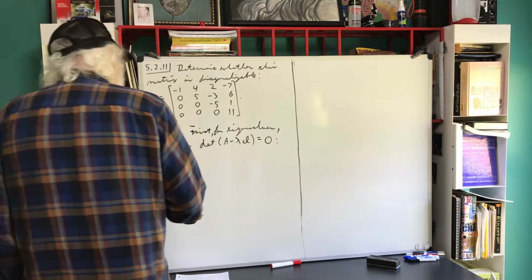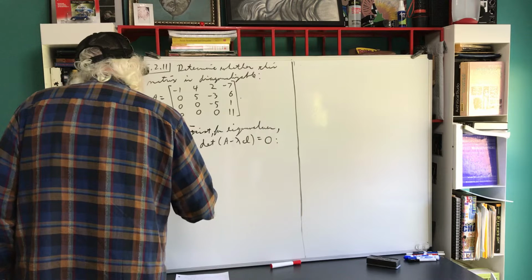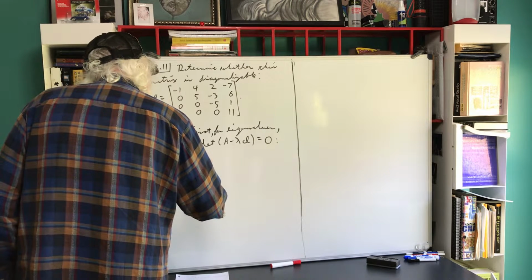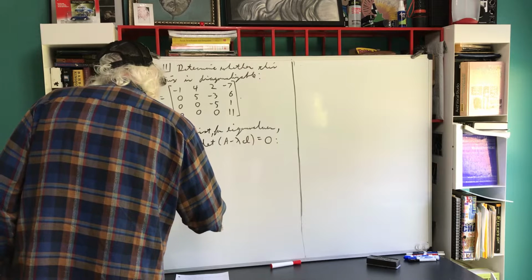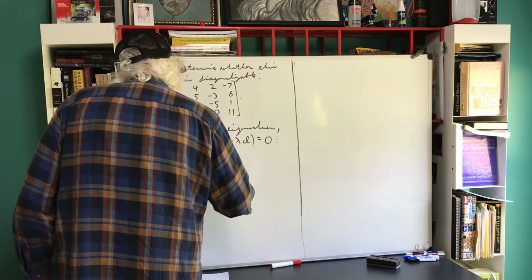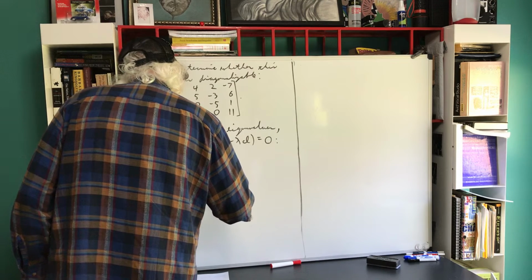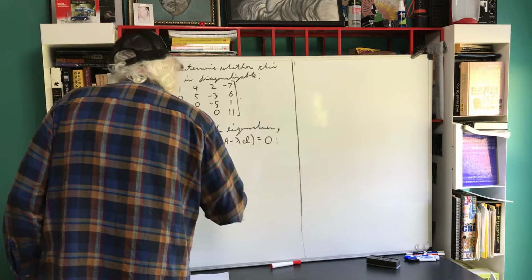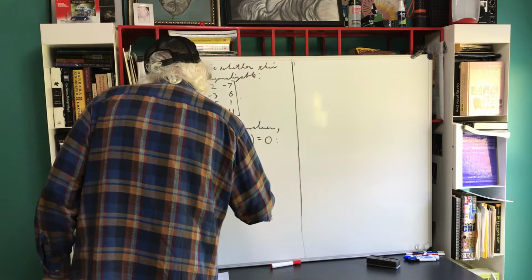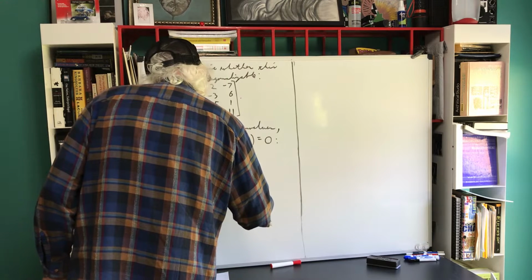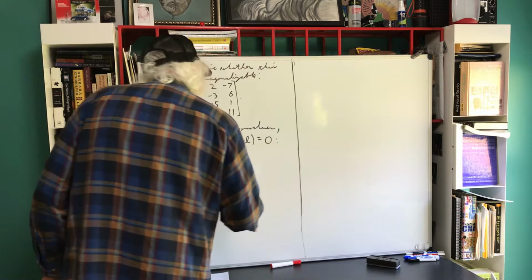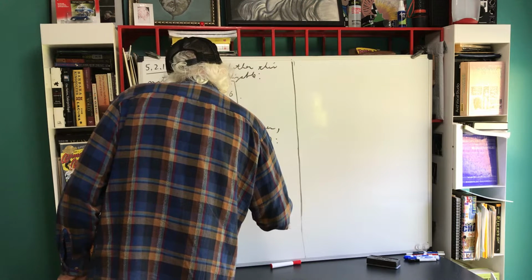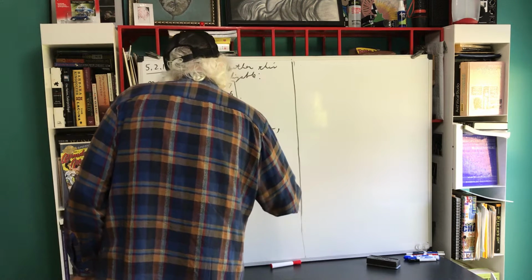But for us, that would give us, we want 0 to equal the determinant of A minus lambda I. That'd be -1 minus lambda, 0's underneath. 4, 5 minus lambda, 0's underneath. 2, 3, -5 minus lambda, 0's underneath, -7, 6, 1, and 11 minus lambda.